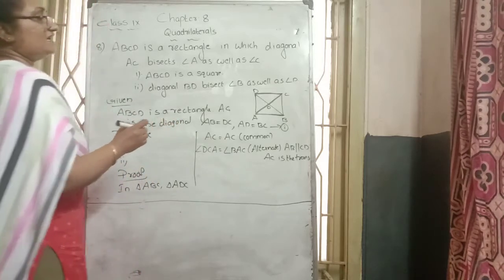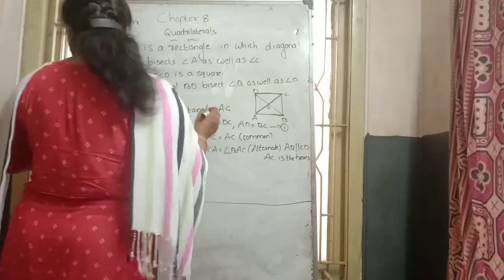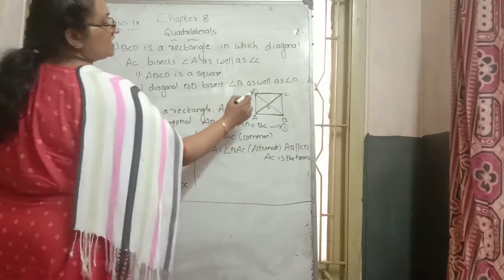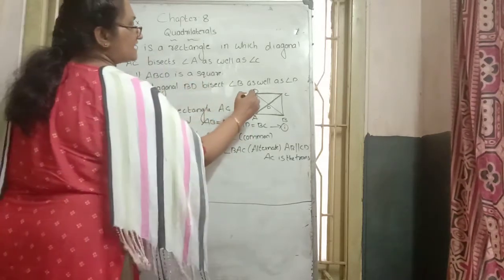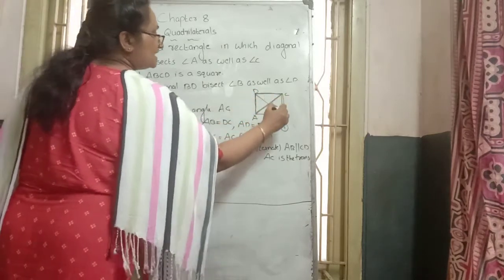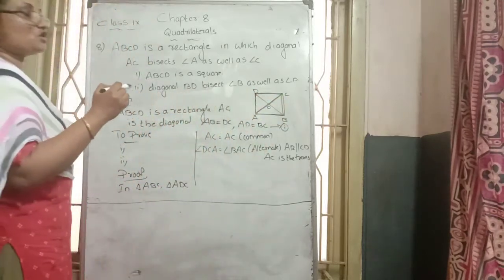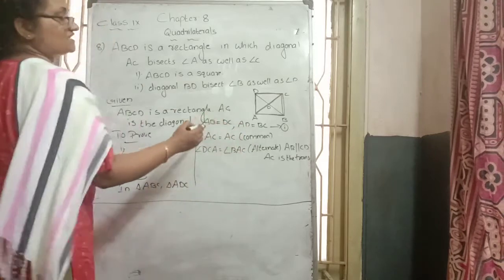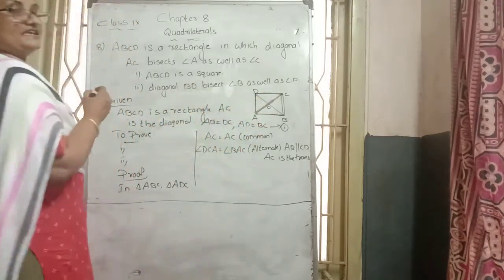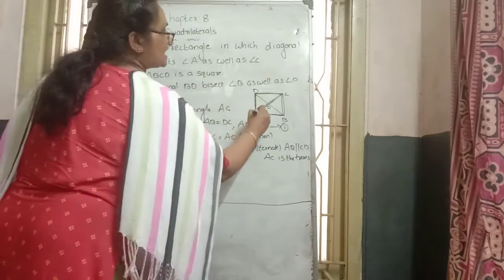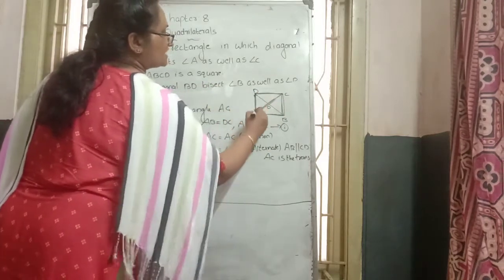In the same way, the second pair of opposite sides are AD and BC. They are also cut by transversal line AC. There also they make a Z shape, alternate angles.